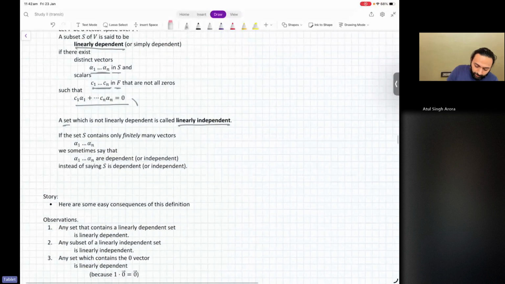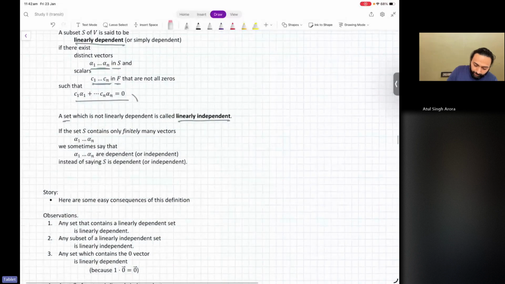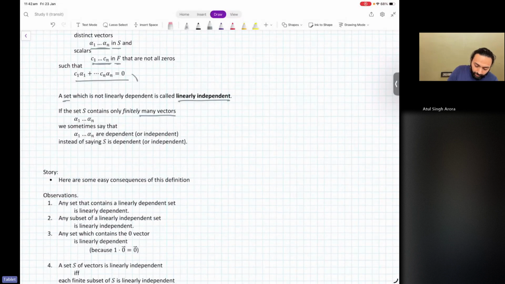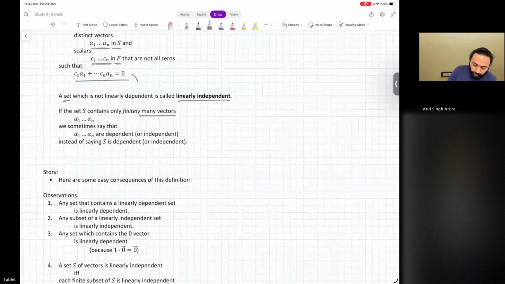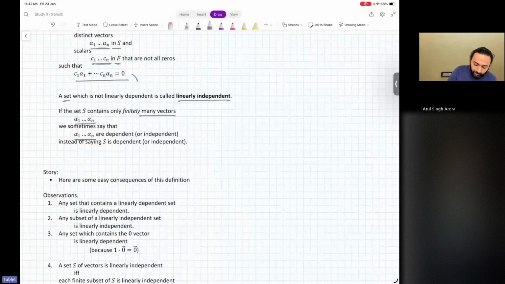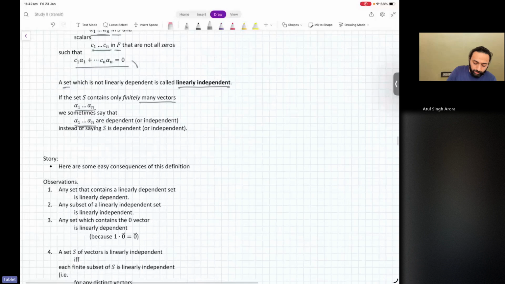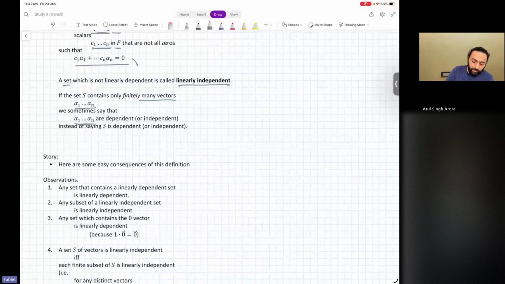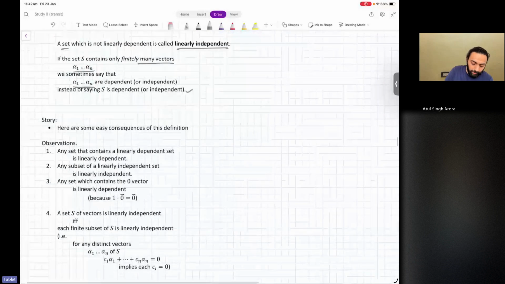And if the set contains only finitely many vectors, then instead of talking about the set, we can talk about the vectors directly. So we'll just refer to these vectors as a sequence and say whether or not these vectors are dependent or independent. Okay, so that's just a small distinction.